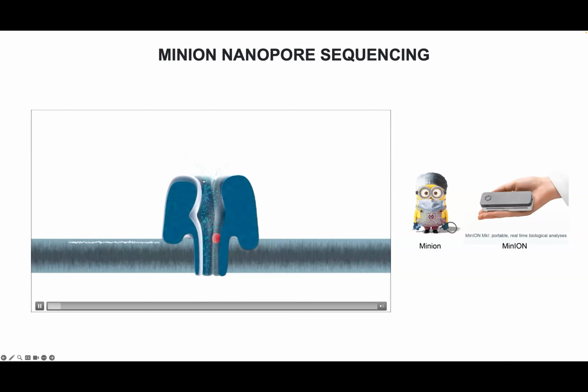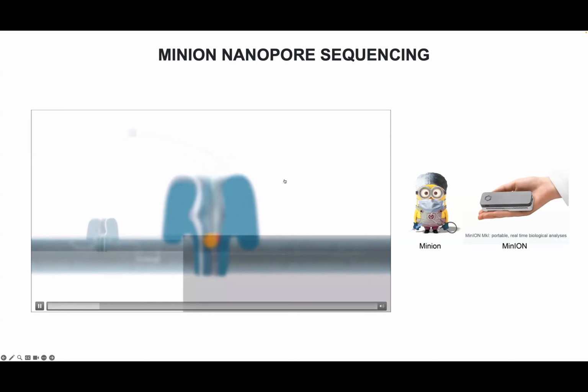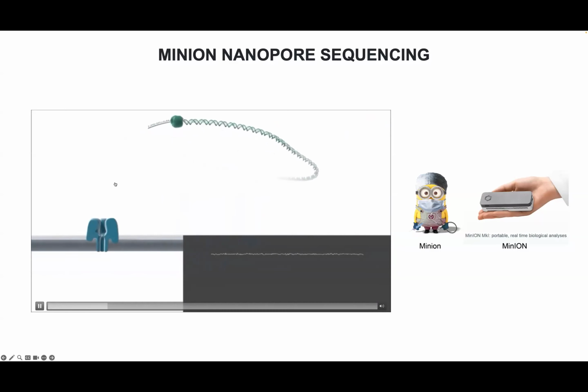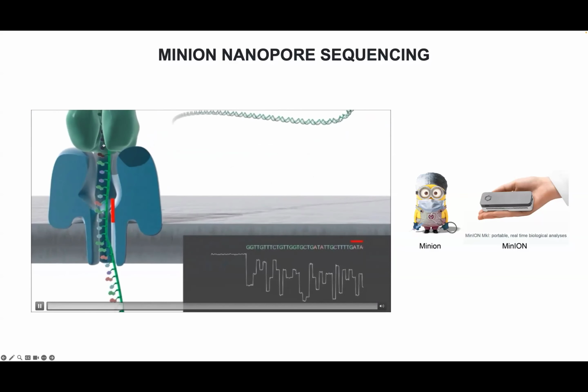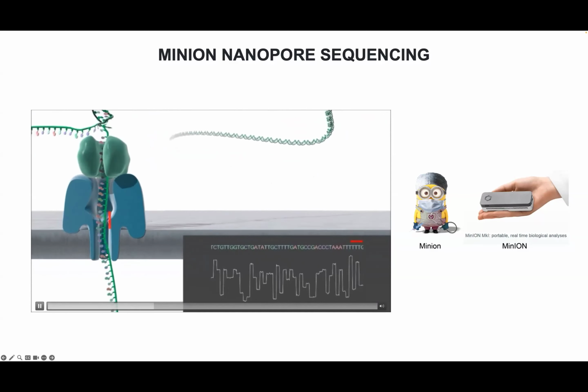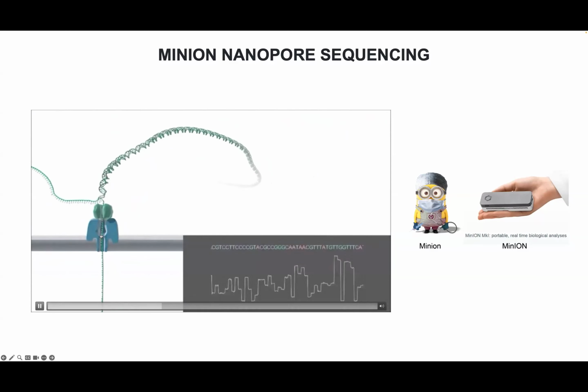Here you can see this pore inside a membrane, and then you have different proteins which keep the pore open and also help the DNA find this pore with this adapter, which is also a protein. This adapter leads to the sliding of the DNA through the pore.